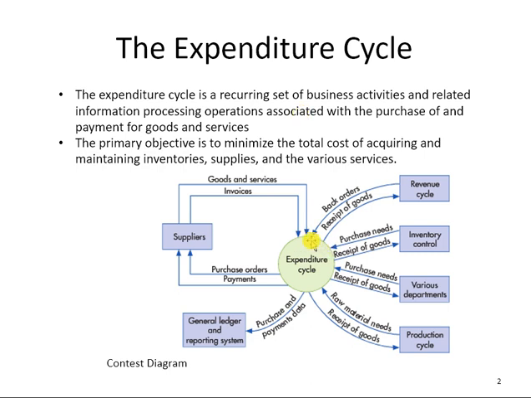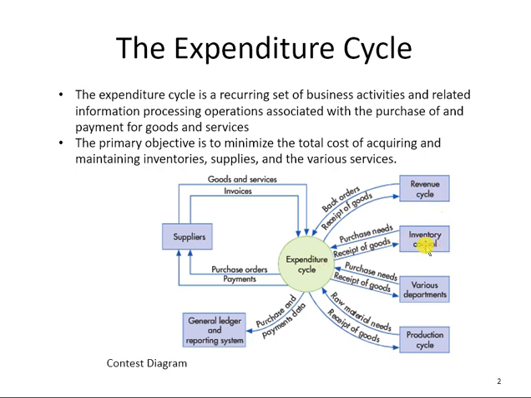Within the organization, information is exchanged between this cycle and other sources like the revenue cycle, right? Because we mentioned last time, if the revenue cycle finds inventory is not available, it's going to send back orders to the purchase. Okay. So received goods will be sent to the revenue cycle.